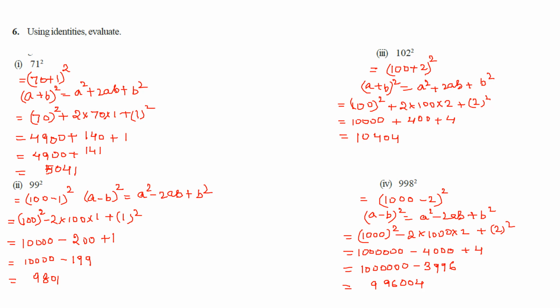Now moving to the fifth question. The fifth question is 5.2 square. So I can see that 5.2 is near to 5, right? So 5.2 I can write as 5 plus 0.2. So 5.2 square can be written as 5 plus 0.2 and then square.